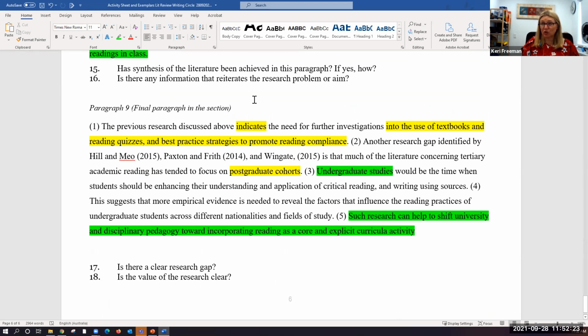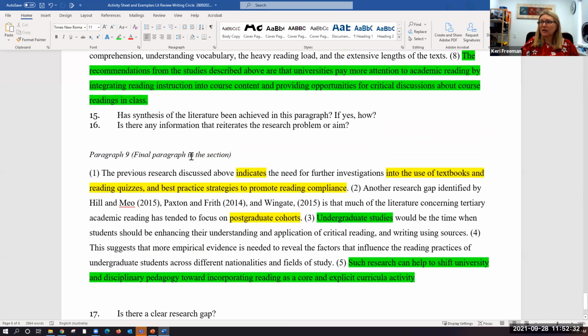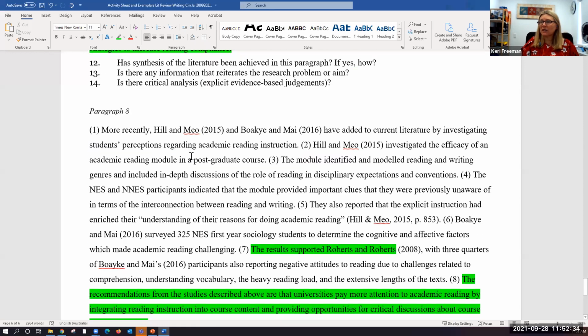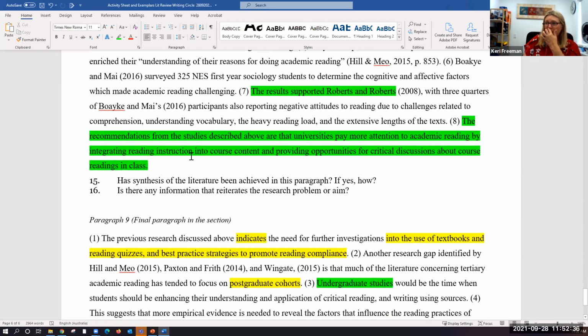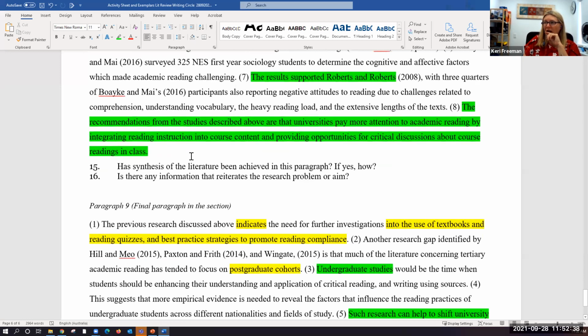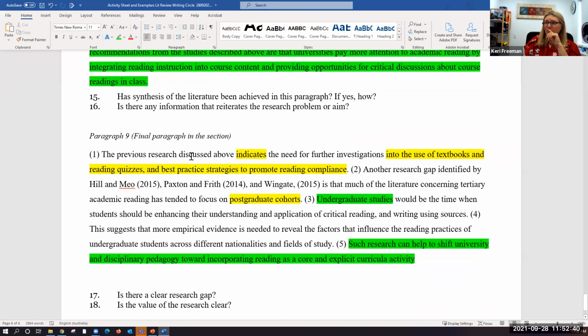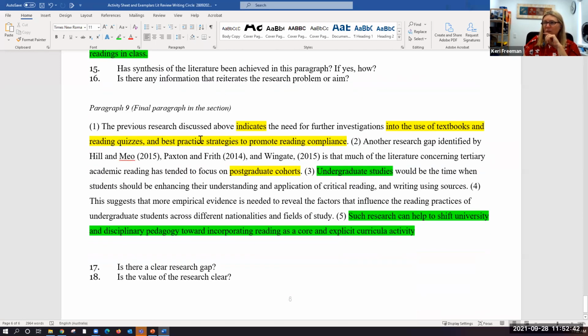More or less it should. So the use of textbooks was in there, reading quizzes, promoting reading compliance. I have a feeling there was a couple of paragraphs I didn't pop in here, so that could be why. But this was definitely the final paragraph.